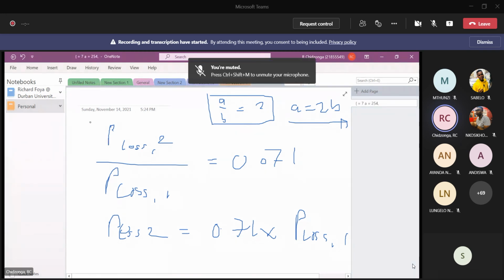So here, the same ratio is simply saying the power loss in case 2 is 0.71 times the power loss in case 1, you see? Which means 2 is 71 over 100. In other words, the power loss in 2 compared to 1 is 29% less. You see, 29% plus 71% gives you 100%.